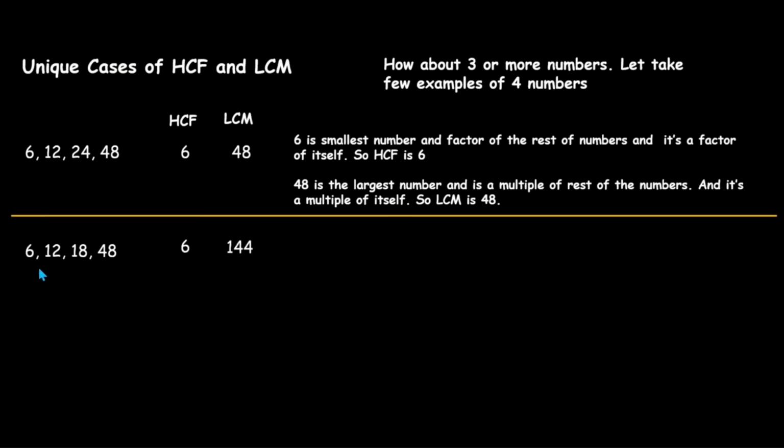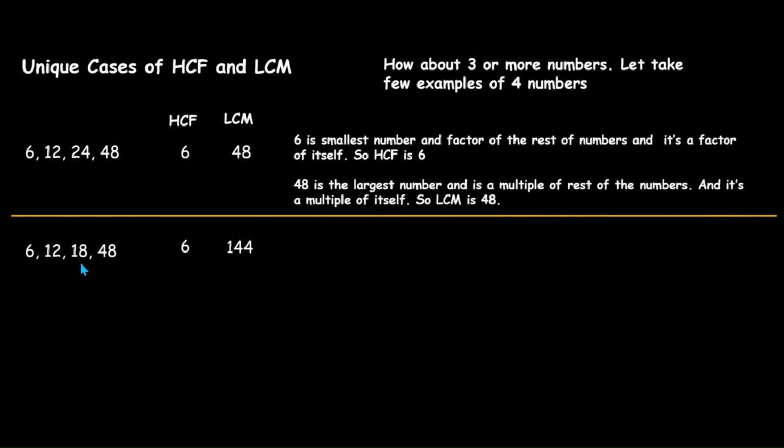Now let's take another set, this time with a slight variation. 6, 12, 18 and 48 is now our set. 6 is a factor of itself, and it's also a factor of 12, 18 and 48. So among them, 6 would be the highest common factor. When it comes to LCM, 48 is a multiple of itself, and it's also a multiple of 6 and 12.